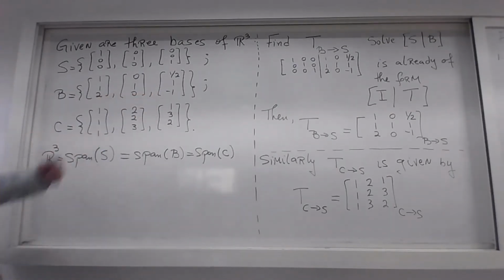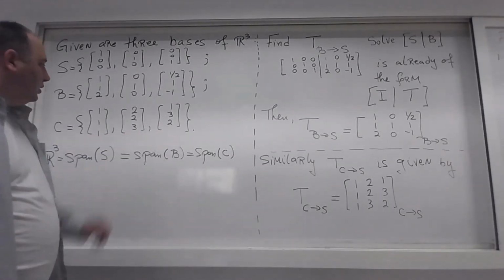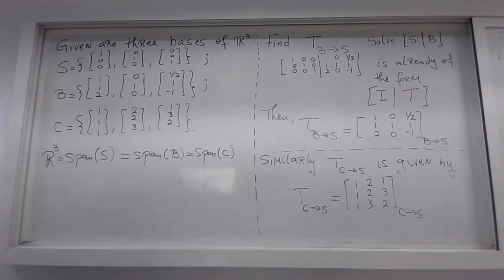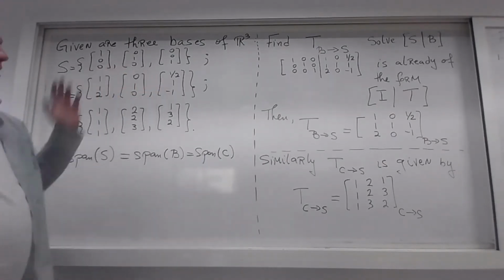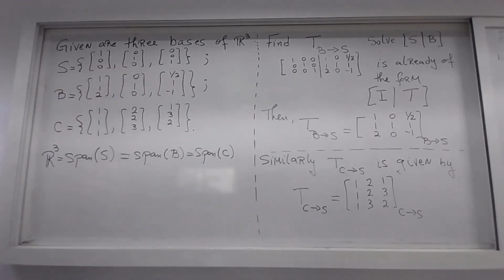Similarly, for basis C, you can form a matrix and compute a determinant if you wish. The determinant is -2 in this case also, and that means the reduced echelon form is identity, which means the matrix is invertible also, so all three vectors are linearly independent. In general, when we are given bases, we trust that the vectors are linearly independent, so we don't need to make the verification.